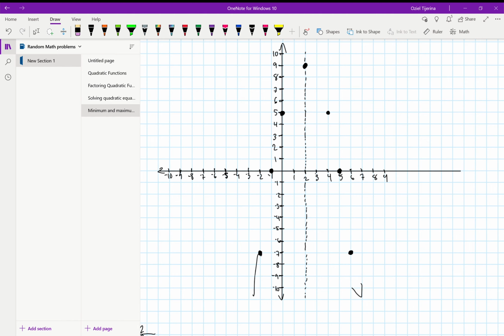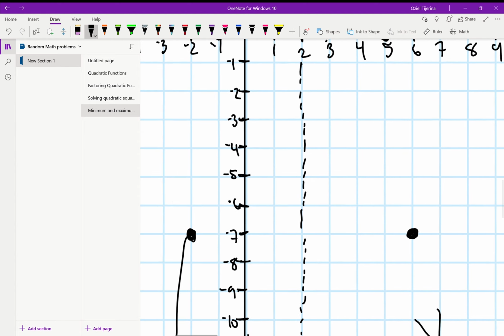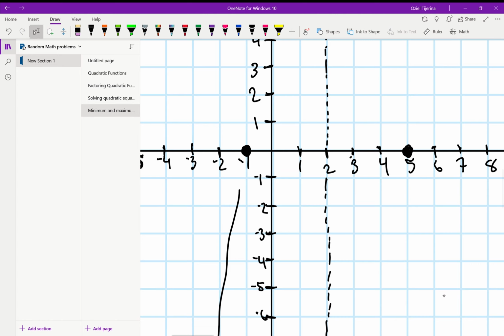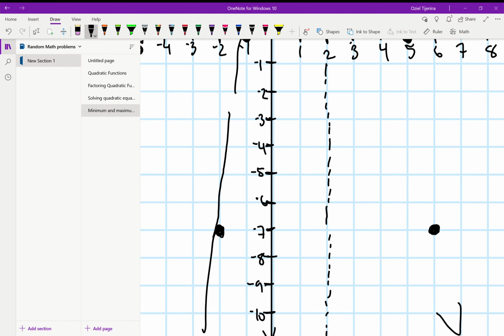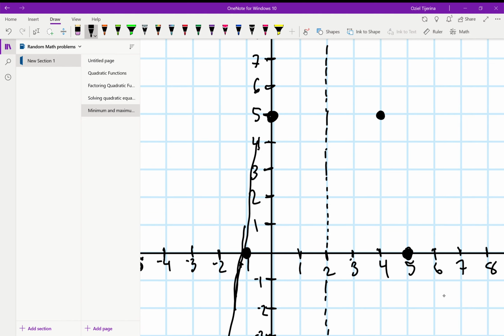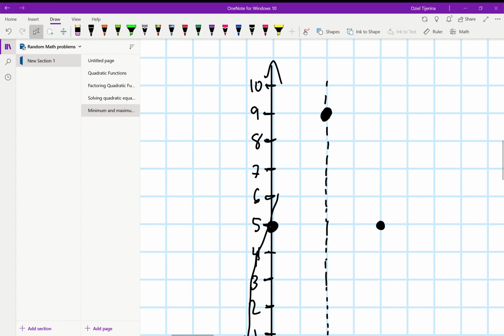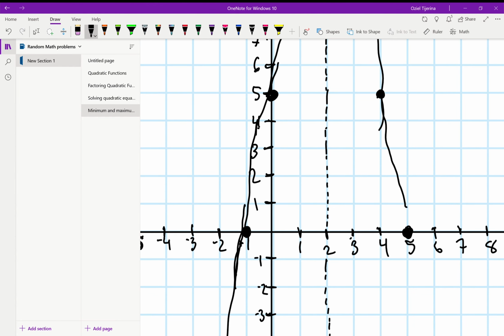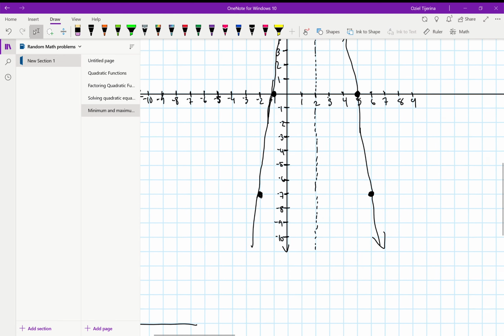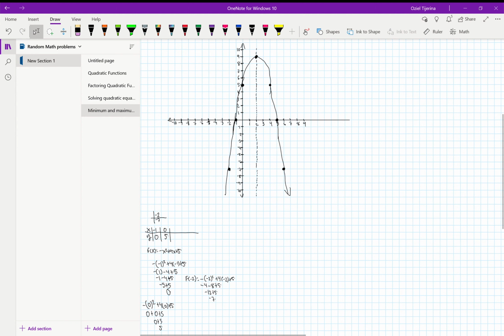And sorry guys, I'm not really good at drawing parabolas on here, just because for me it's always been really difficult to do it on OneNote. Okay, so this is kind of how it's going to look, like this, okay?